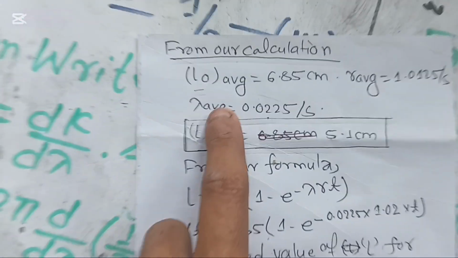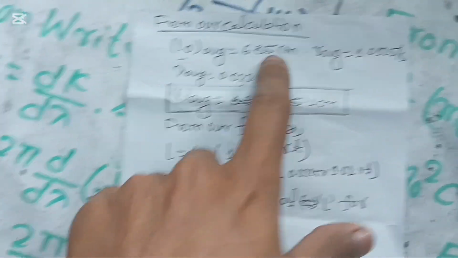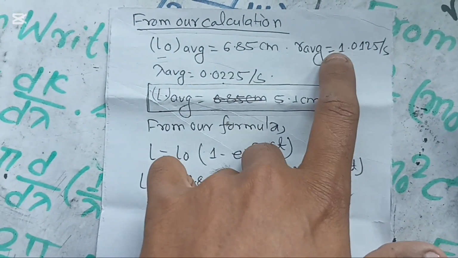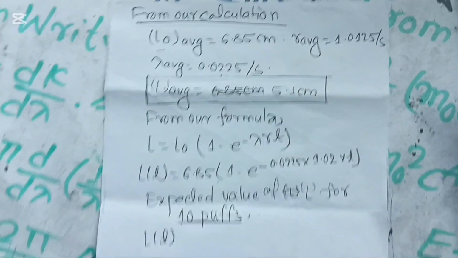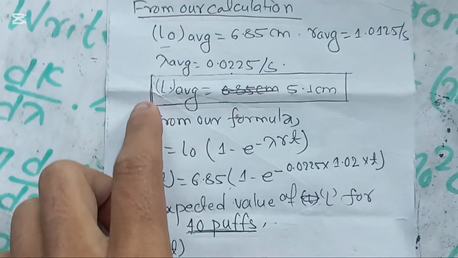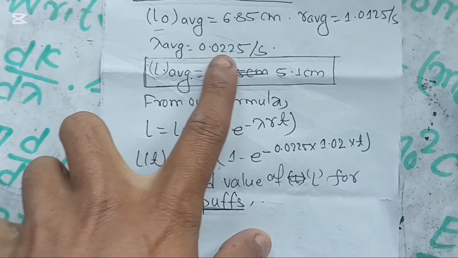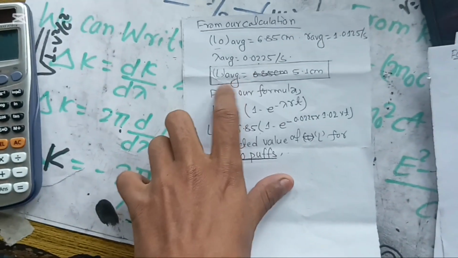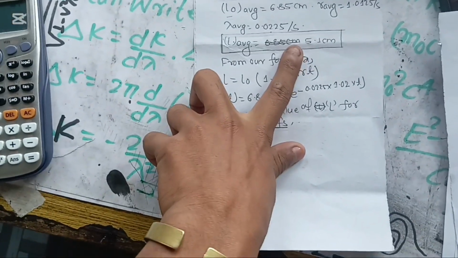So from our calculation, L naught average we got is 6.85. The number of puffs per second is 1.0125 per second. Lambda average is 0.0225 per second. The L average is 5.1 centimeters.